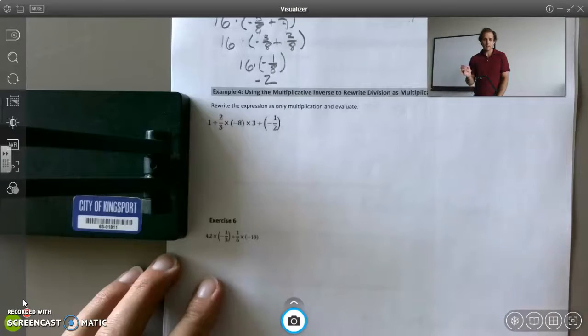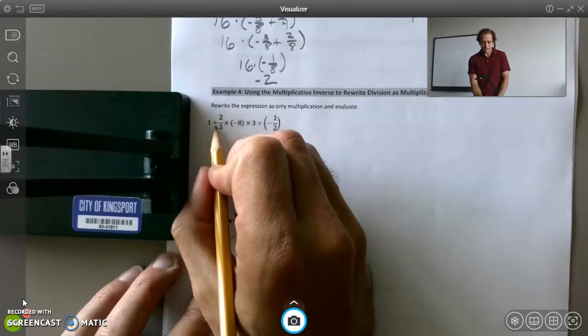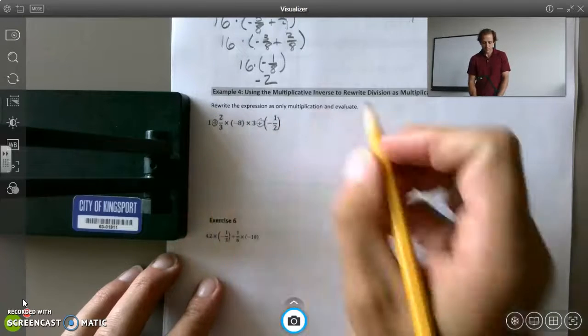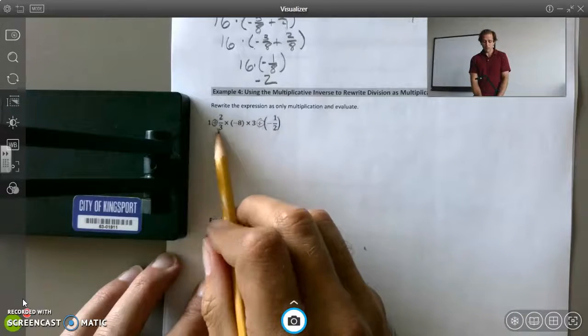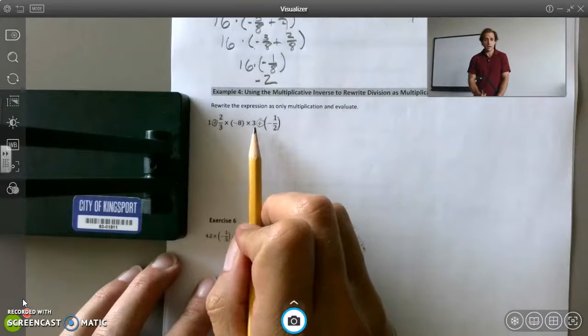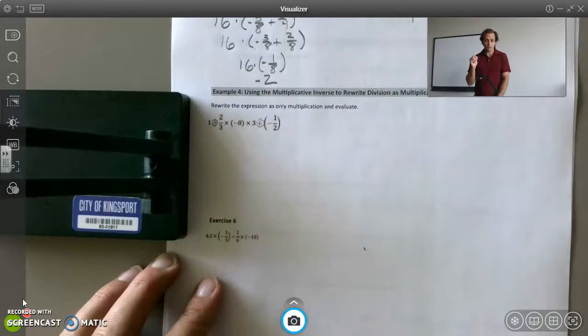So we need to know that division is the same as multiplying by a reciprocal. Here you see division twice. So I can rewrite that just like earlier we wrote all subtraction as addition. We just made the numbers the opposite. Now we're rewriting all division as multiplication, and I do that by using the reciprocal.